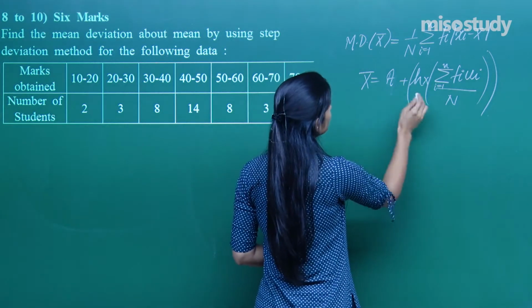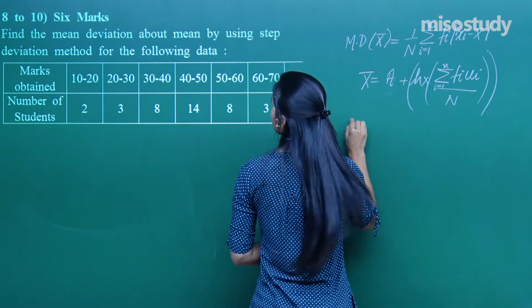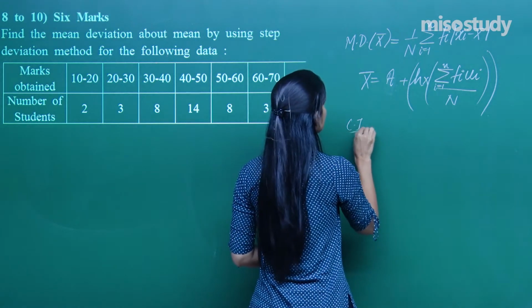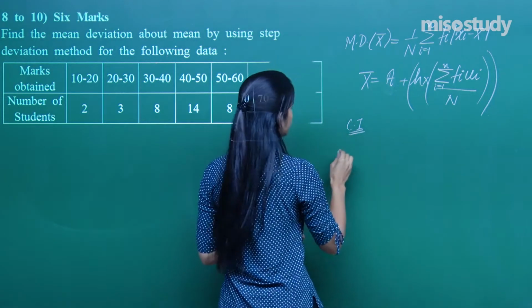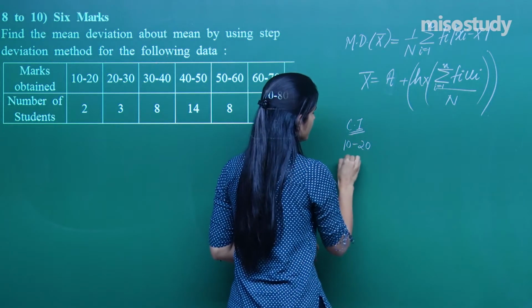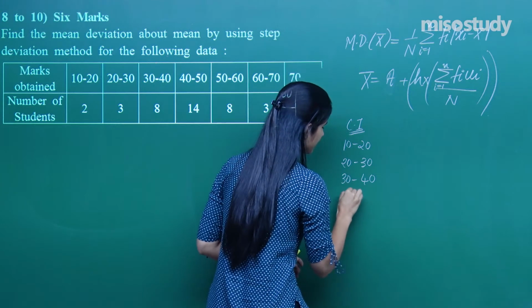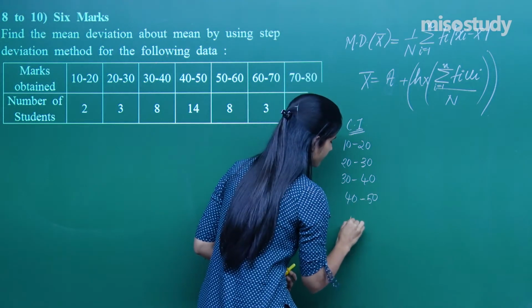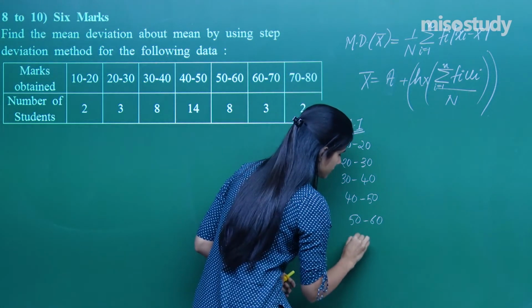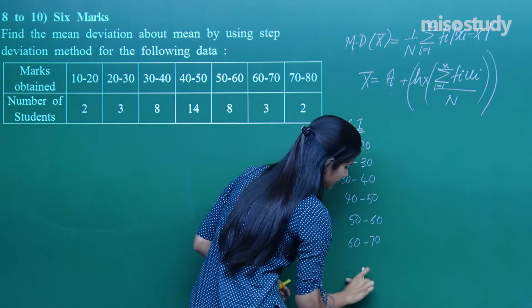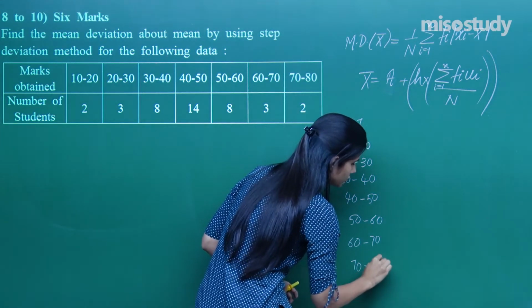So if I wish to calculate this, I already have class intervals with me as 10 to 20, 20 to 30, 30 to 40, 40 to 50, 50 to 60, 60 to 70, and 70 to 80.